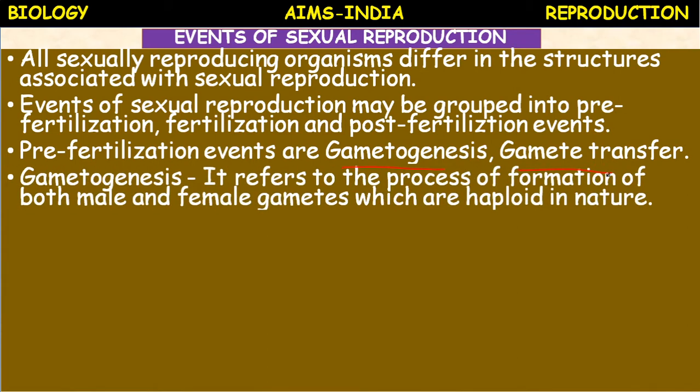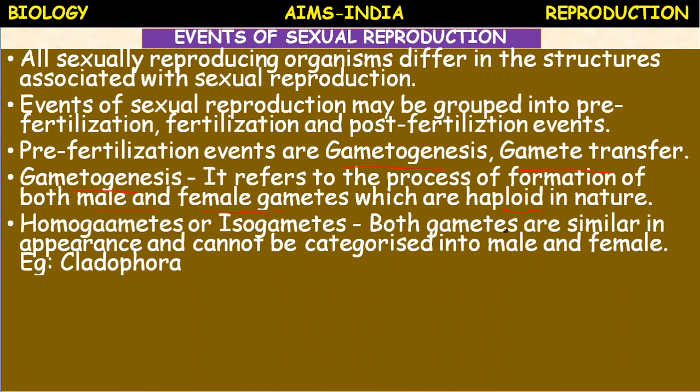Gametogenesis is the term which represents the process of formation of gametes. It refers to the process of formation of both male and female gametes, which are haploid in nature. So, homogametes or isogametes means both the gametes are similar in appearance and cannot be categorized into male and female.